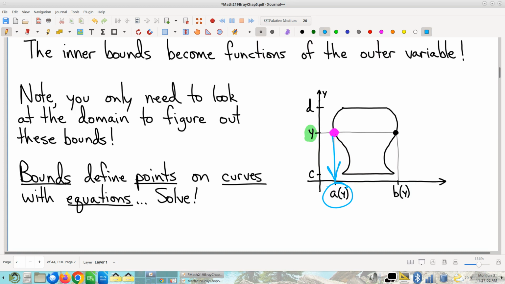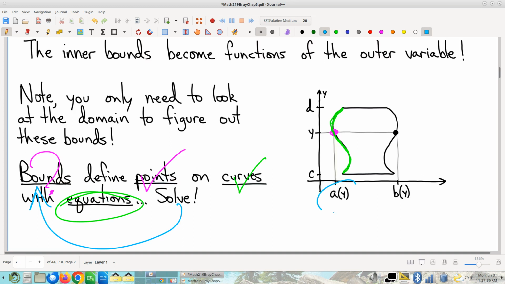Roughly speaking, if I need to find my lower bound, I identify the corresponding point. That point is going to be on some identifiable curve. That curve will have some equation. Obviously, we're going to have to do algebra at some point. And in that equation, all we're going to do is solve the equation, and that will give me my lower bound.